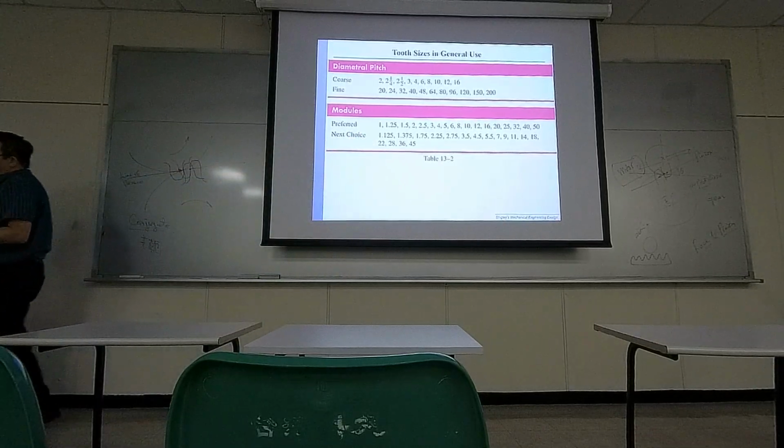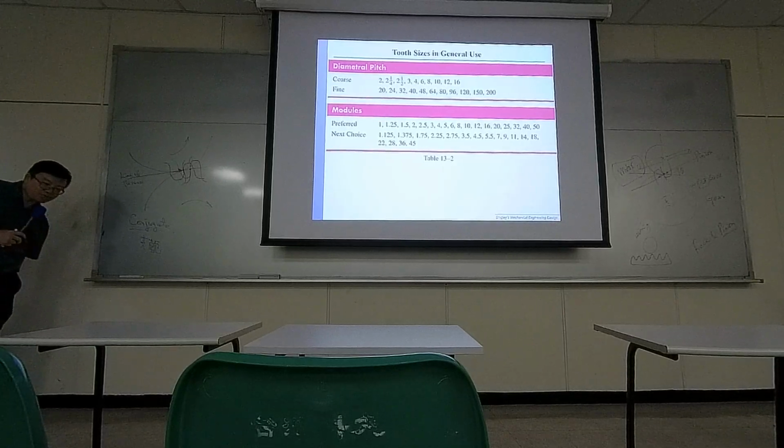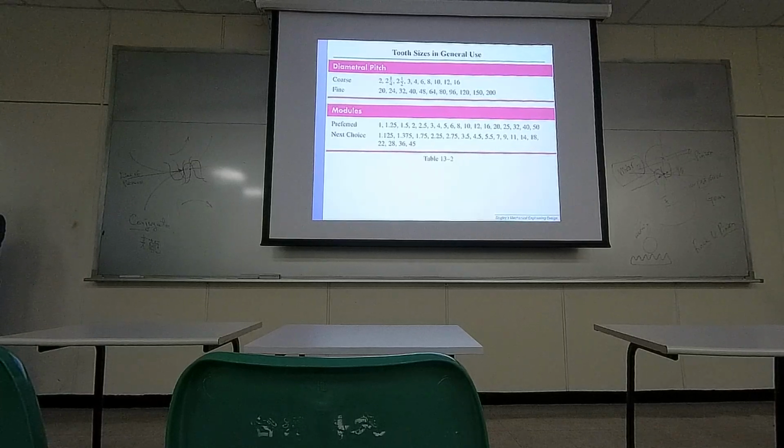But nowadays probably you can 3D print or laser cut a gear. So customized dimensions could be possible. However, I'm not the expert in gear design. If you want to learn more about gear, you can take the course from Professor Shi Yipei in our department. She's the expert in gears.